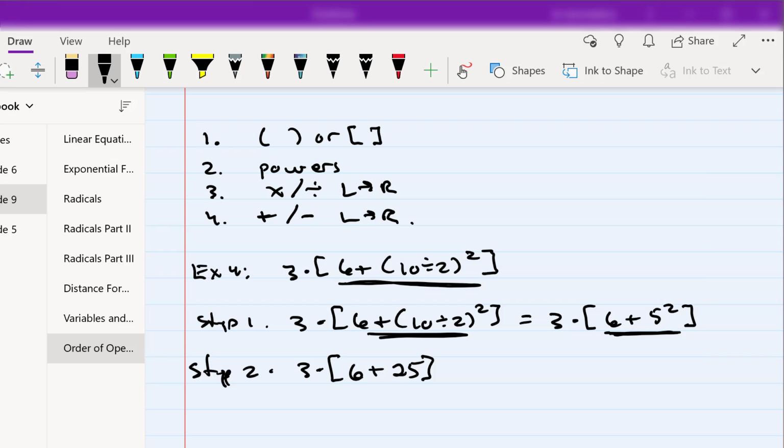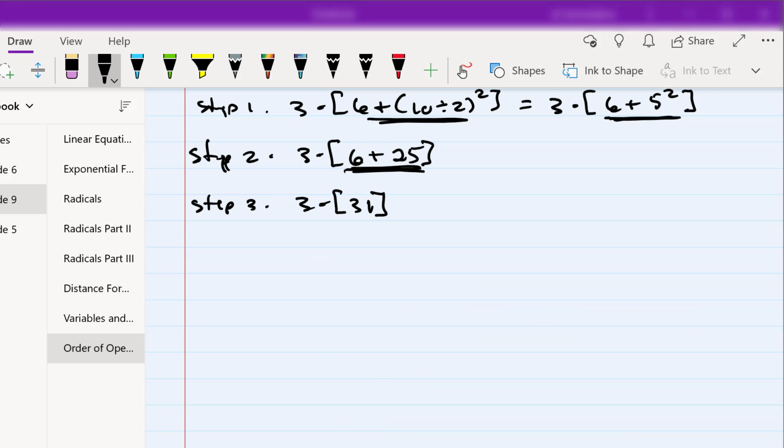We still have brackets, so we still need to focus on this. Step 3, we have 3 multiplied by 6 plus 25 is 31. Finally, we're just left with a multiplication problem, so the final step, step 4, will be just 3 times 31, which is 93.